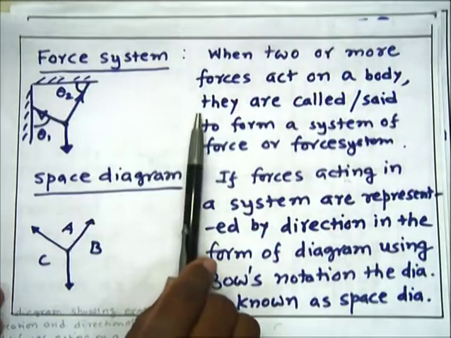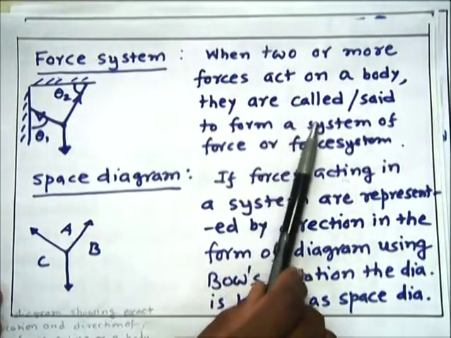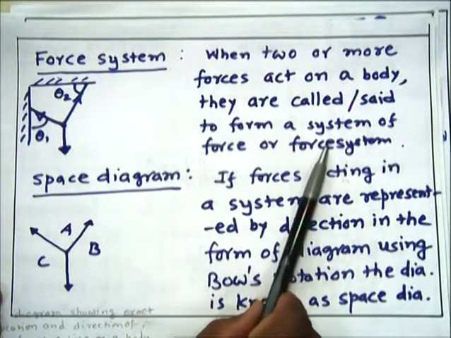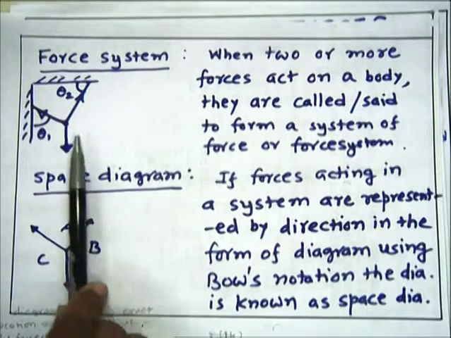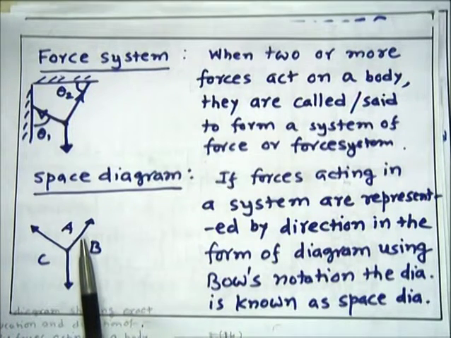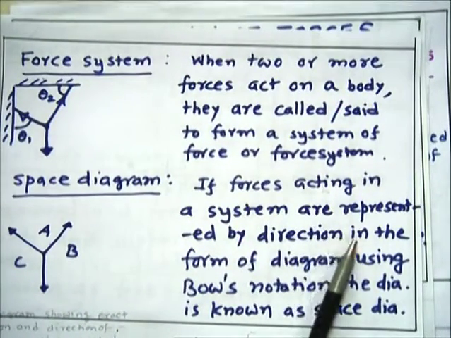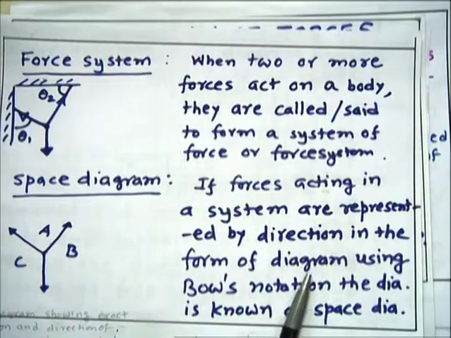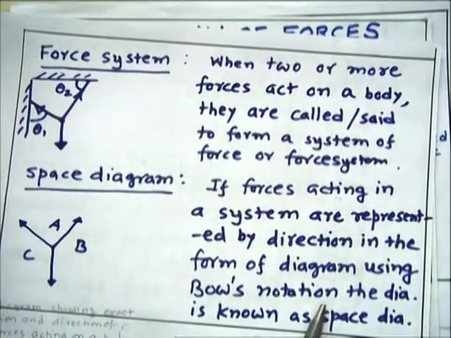As you know, when two or more forces act on a body, they are said to form a system of forces, which is shown like this. From the force system, we can draw a space diagram by measuring angles exactly and showing the line of action. So if the forces acting in a system are represented by direction in the form of a diagram using Bow's notation, the diagram is known as a space diagram.